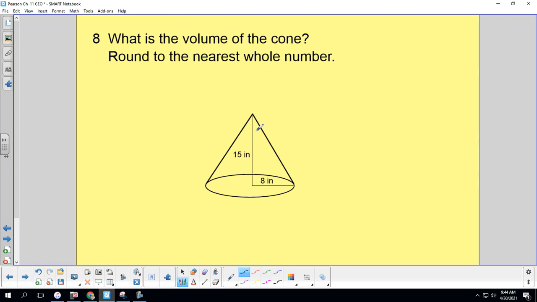All right, let's just do one more cone problem. This is a bonus problem. It's not in my notes that I gave to my class, but you know what? Why not have a bonus here? The volume is 1/3 the area of the base times the height. We got 1/3, the area of this base is pi times r squared, and then the height is 15.